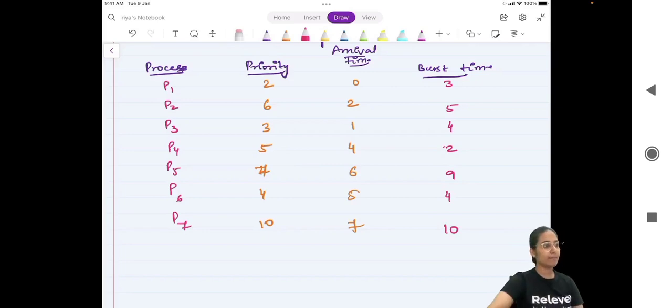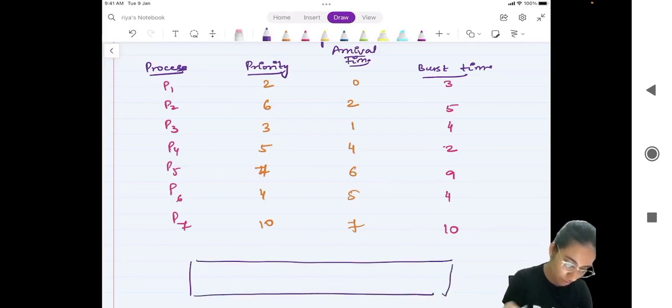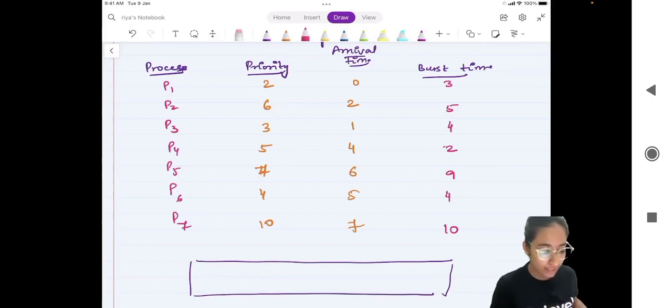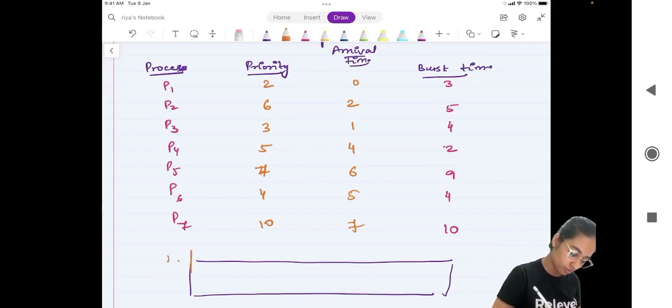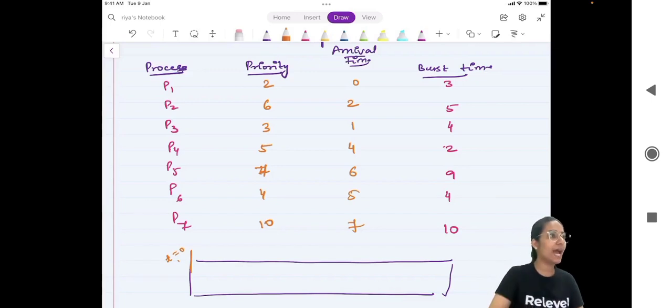Now we'll take an example of how the non-preemptive scheduling will work over here, and this will be the Gantt chart. At t equal to 0, at the arrival time, we only have one process over here, which is P1, with a burst time of 3 units.